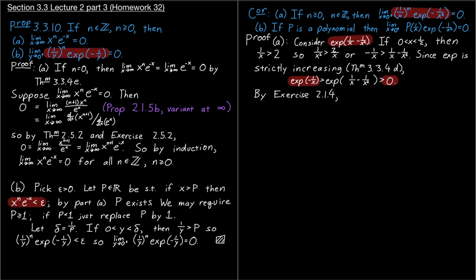If you have some function that is trapped between two things whose limit is both the same, is both 0, then the thing in the middle must have the same limit.